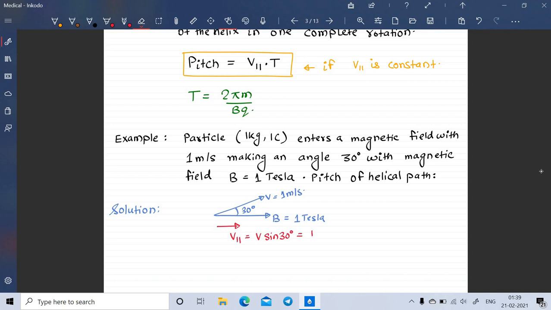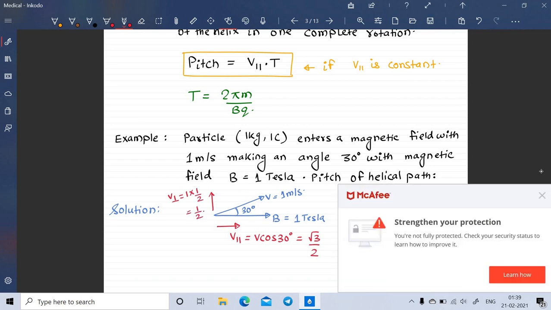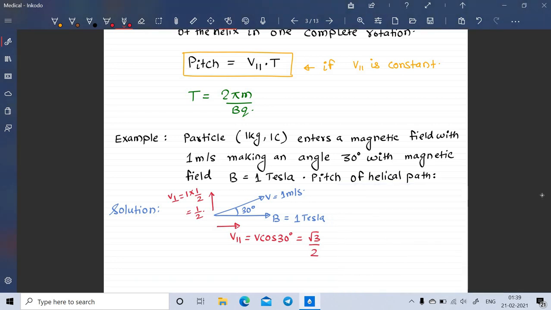So this component, that is v parallel, is v cos 30. So it will be root 3 by 2. V perpendicular is v sin 30. Right? Correct.